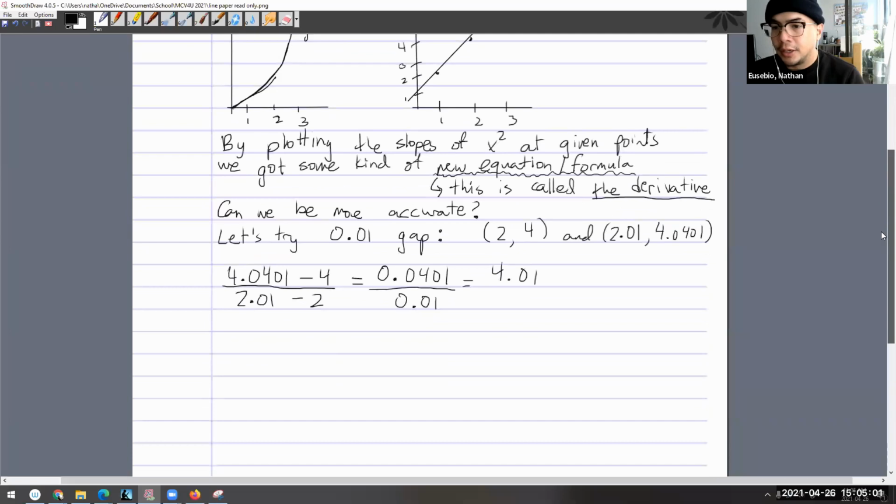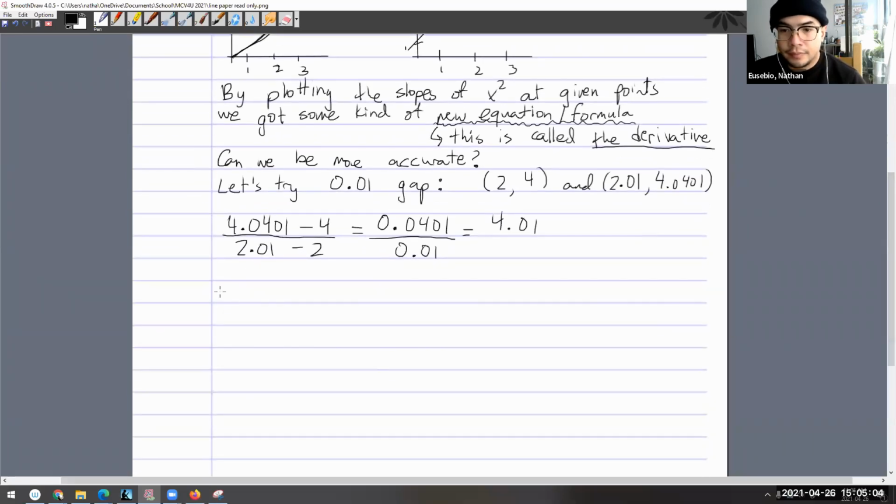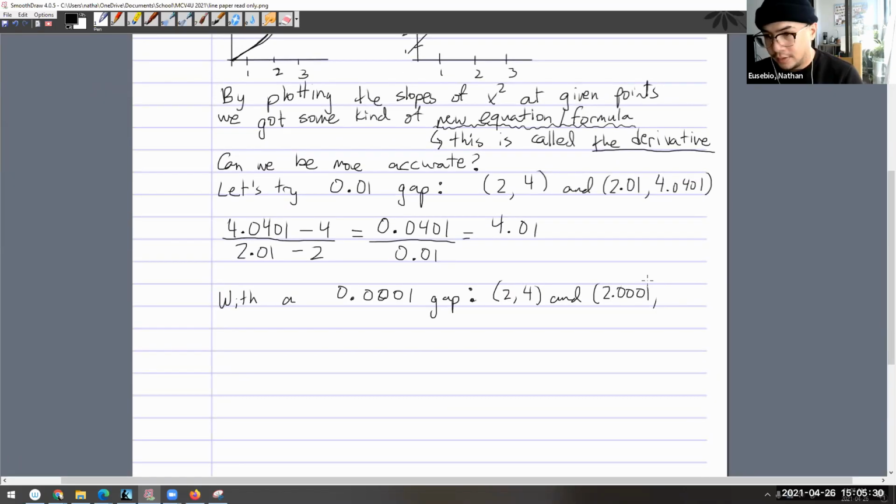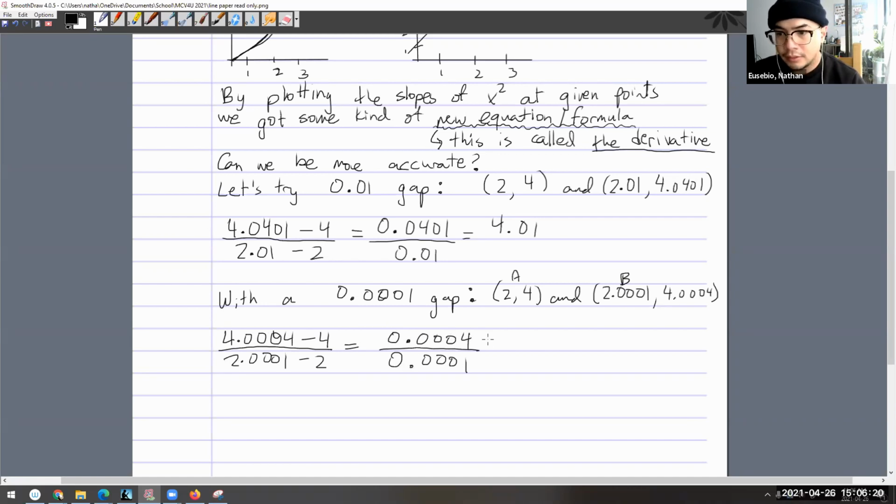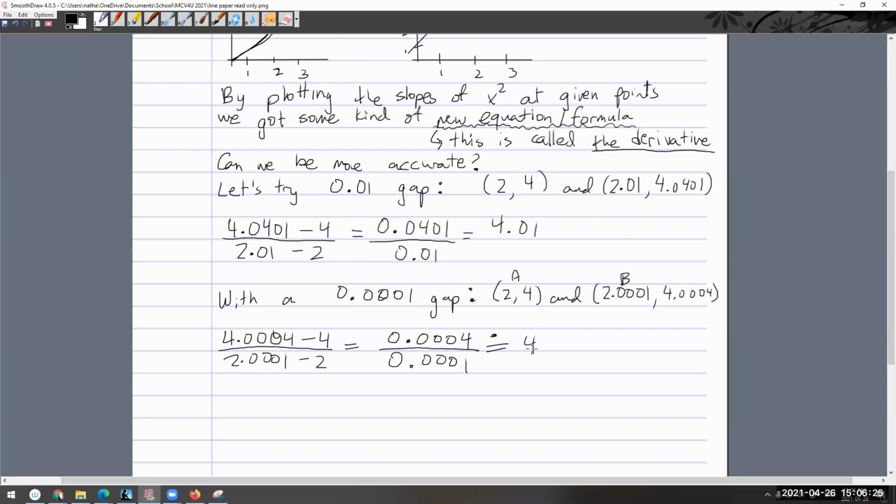Let's just try one with a couple more zeros. 4.0004. So you can sort of tell, right? My points are going to be a bit closer now, like that's sort of close. You can squeeze a ruler into both points. 2.0001, 0.0004 over 0.0001. So you can tell approximately we get 4, right?